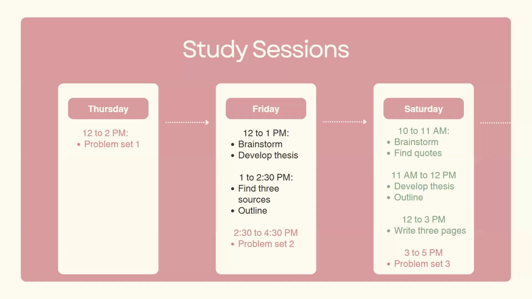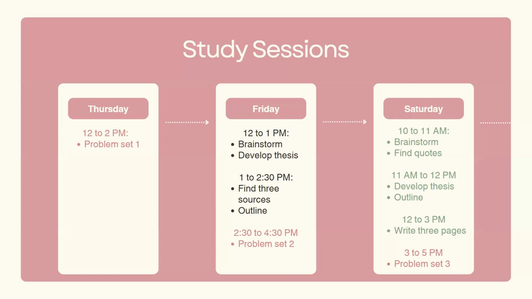So Saturday, I'm going to do something a little bit similar. I'm going to brainstorm and find quotes and then develop thesis and an outline. Saturday, I have more time and I need to get work done. I don't have the luxury of spreading out the assignments across more than 5 days, so I know I need to start writing.